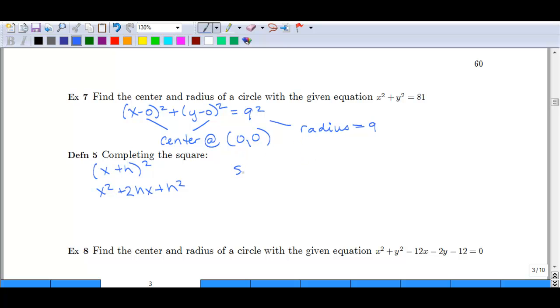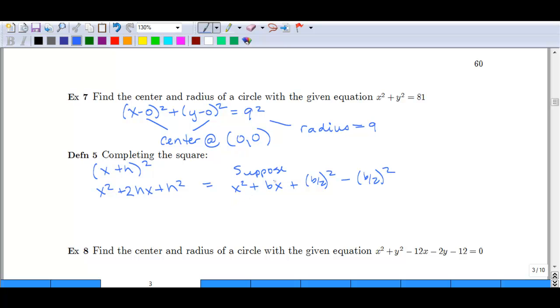We want this to be in the form x squared plus bx plus half of b squared, because this gets us a perfect square. And if we add that (b over 2) squared, we also have to subtract it.